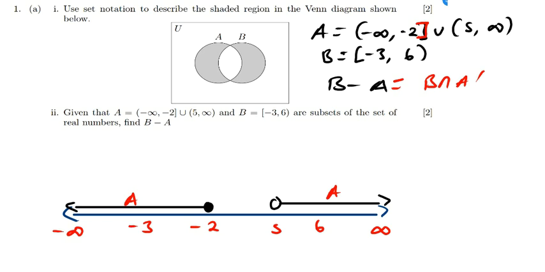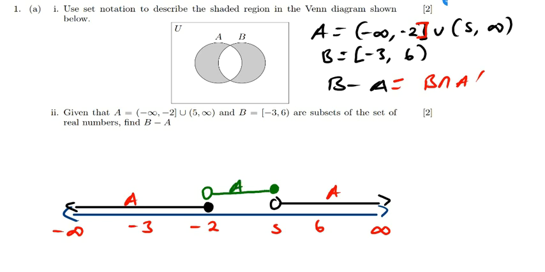A complement is going to be the part which is not part of A. Since this part is included in A, my A complement is not supposed to include it, so I'm going to put an open circle. If this part is not included in A, meaning the complement has to include it. So that is going to be my A complement.